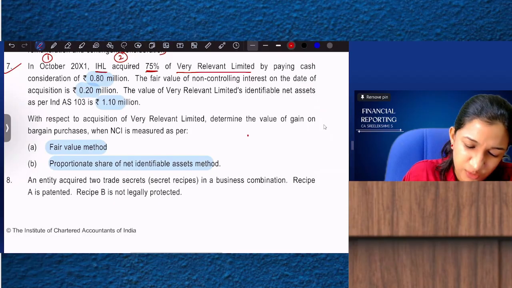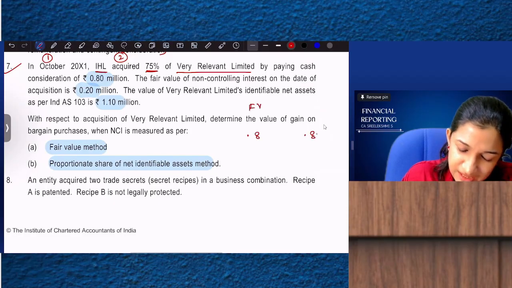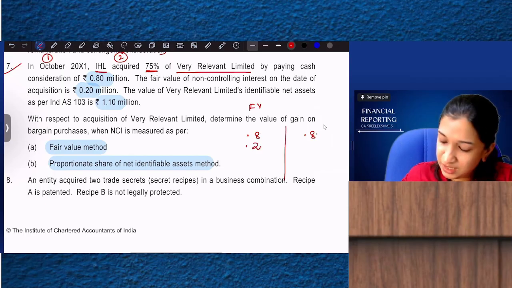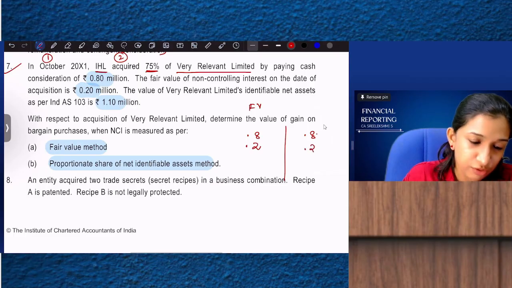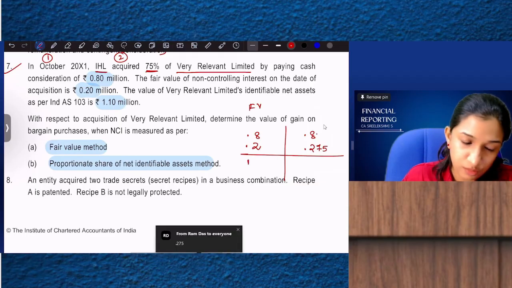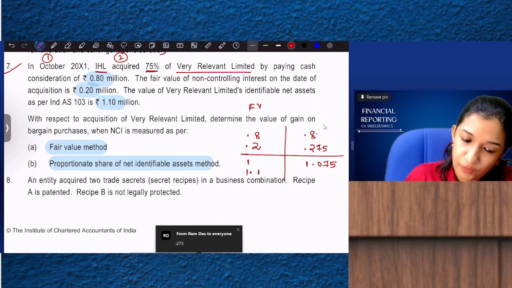Purchase consideration is 0.8. NCI, if at fair value, is 0.2. If NCI is at proportionate net assets, 1.1 into 25%, that is 0.275. So the total is 1 and 1.075. Net assets is 1.1.